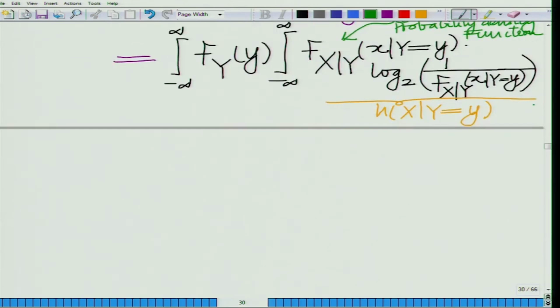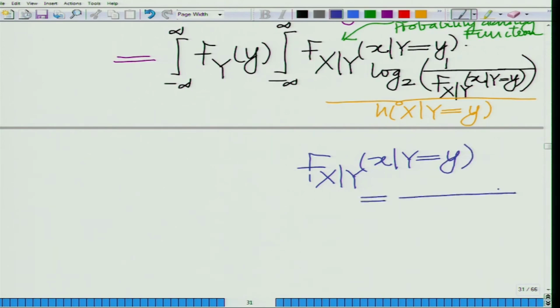And the conditional probability density function can be defined as follows, that is f of x given y, let me just write the definition for your convenience. f of x given y, x given y equals y, equals f of x comma y divided by f of y. So, this is the conditional probability density function.